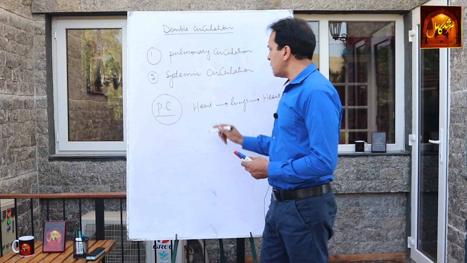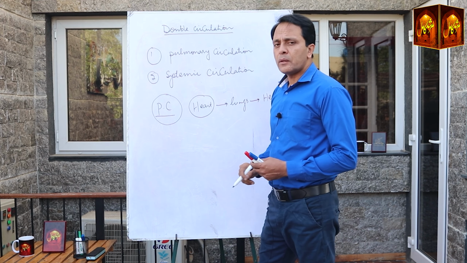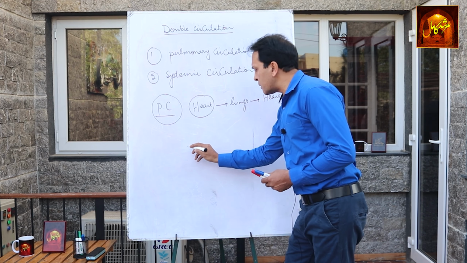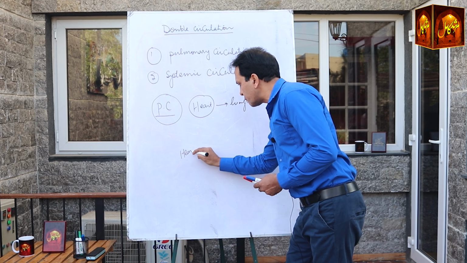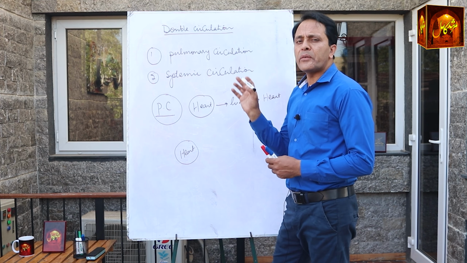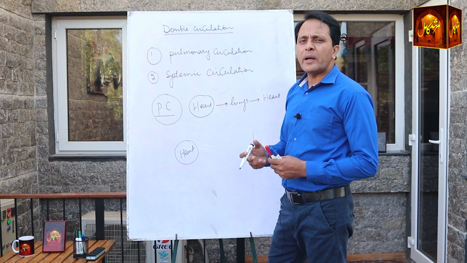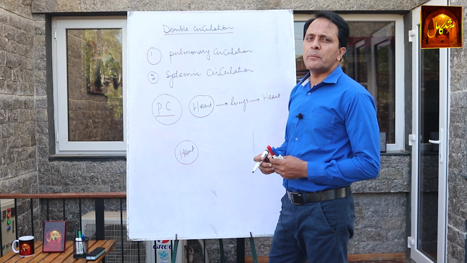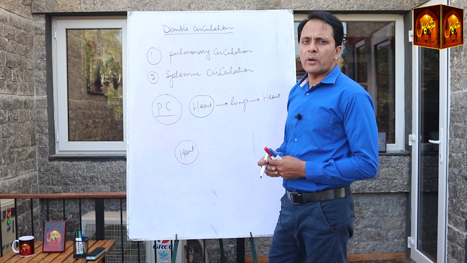In this circulation, the blood that was collected in the right side of your heart is deoxygenated blood with poor oxygen.